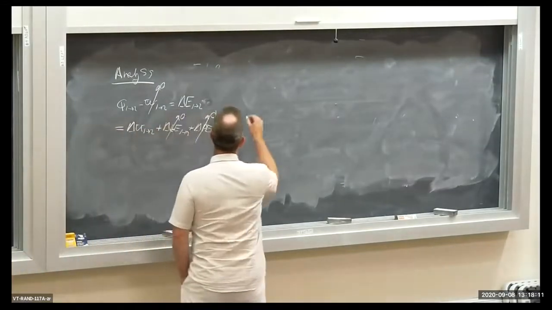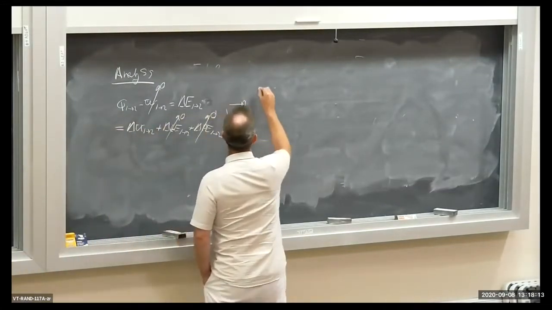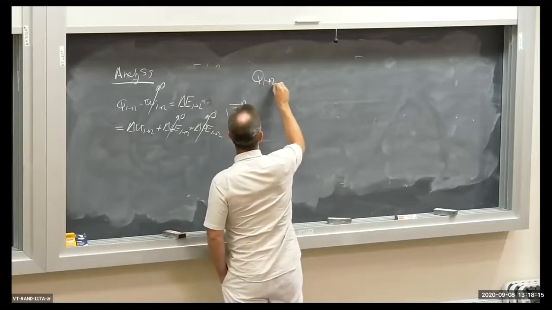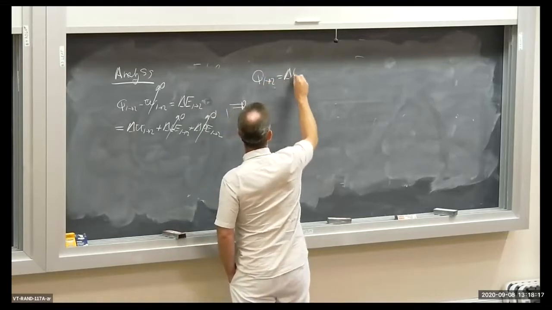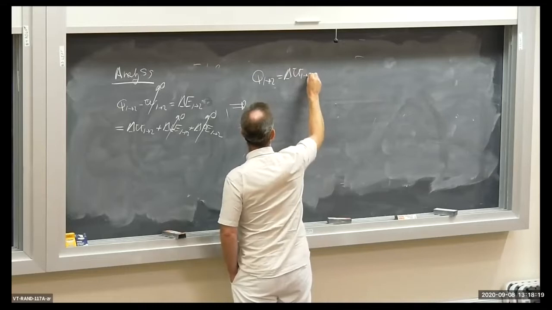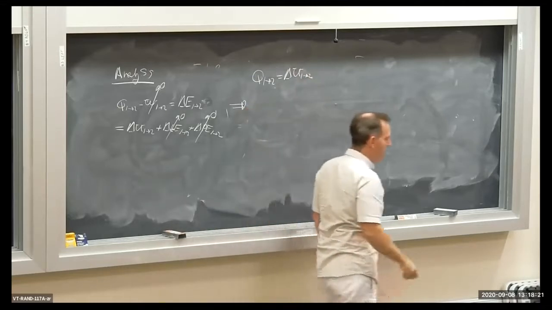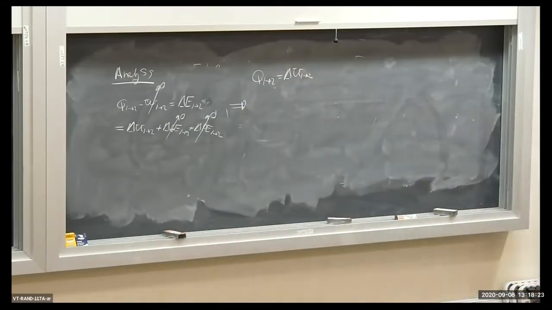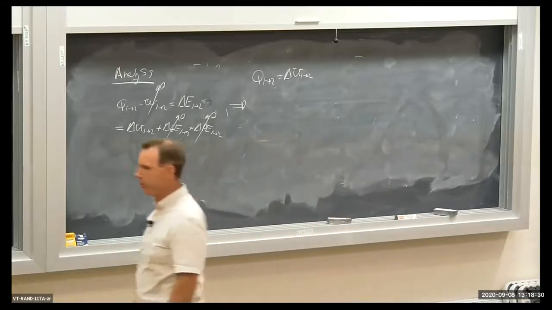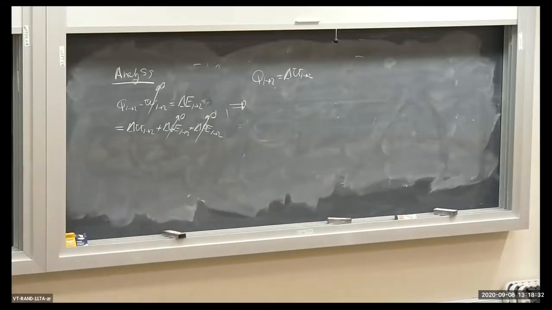So this implies Q 1 to 2 is equal to delta U 1 to 2. All right? Now, I'm going to be using tables here to evaluate the change in internal energy. Let's have a quick look at these tables.